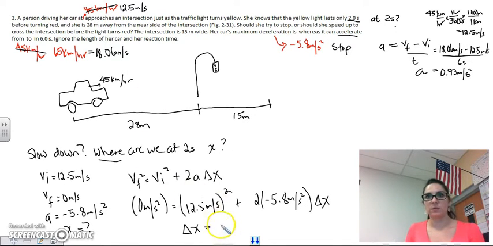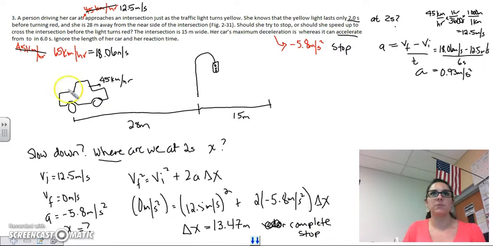So in order for us to come to a complete stop, 13.47 meters. This is a complete stop. So notice that this information tells us that from this point, if we go 13, which is roughly a little less than half, so about here, from here to here, we'd be at v equals 0.